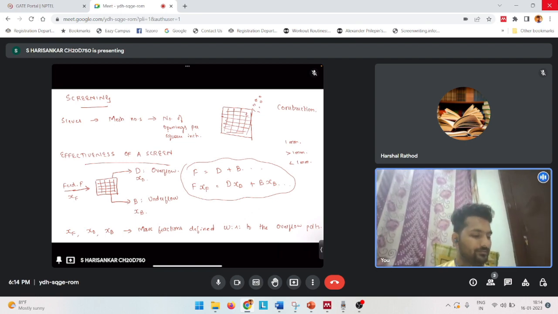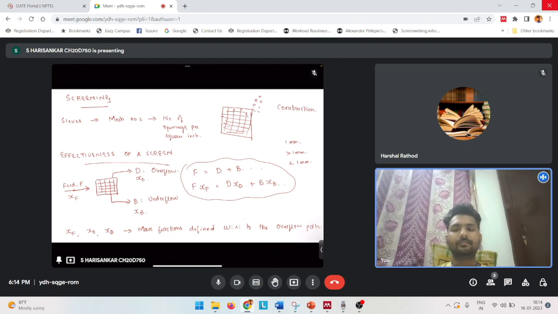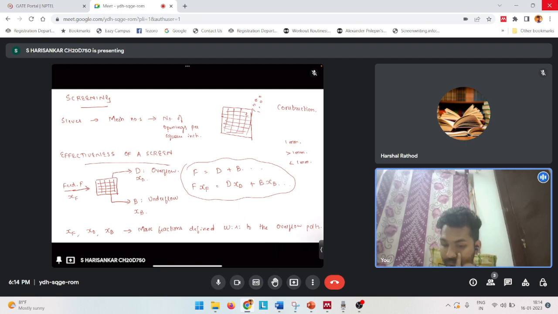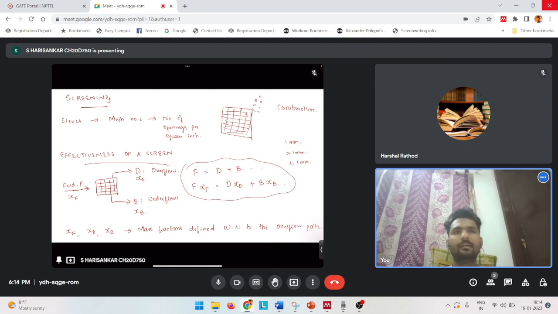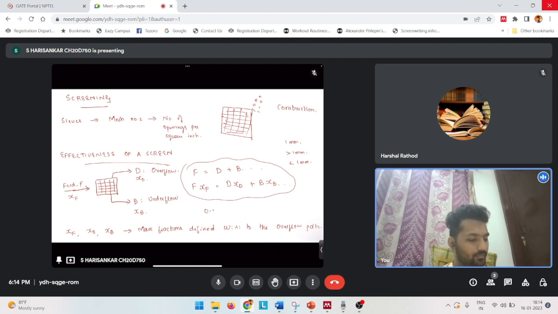As I said, these mass fractions XF, XD and XB are defined based on the overflow products. That means, let's say we are fixing a size, just some arbitrary value, let's say 0.1 mm. When you say XF, XF means the fraction of the feed particles which has a size less than or equal to 0.1 mm.